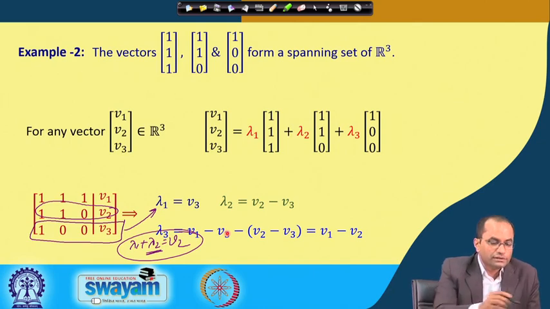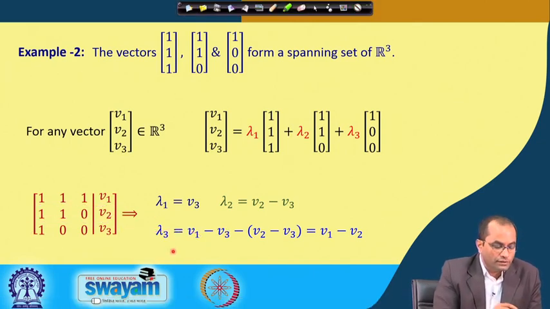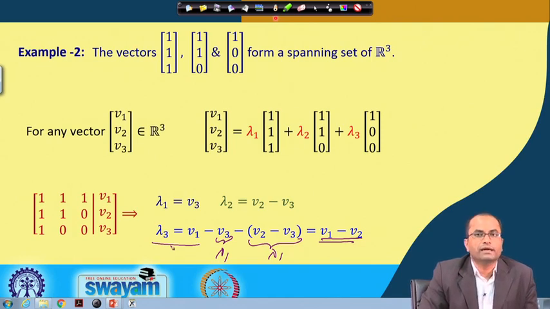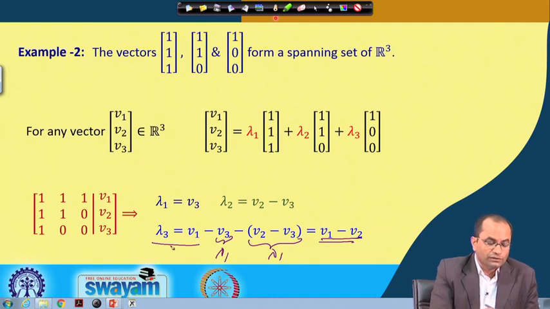And from equation number 1, which is lambda 1 plus lambda 2 plus lambda 3 is equal to v 1, lambda 3 will be v 1 minus lambda 1, which is v 3, minus lambda 2, which is v 2 minus v 3. So, from the first equation we got that lambda 3 is equal to v 1 minus v 2.